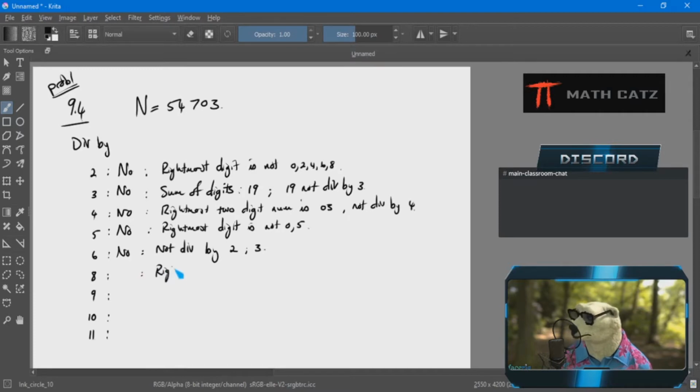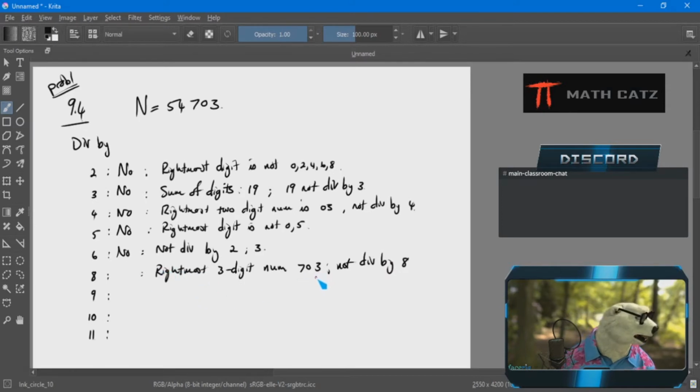The rightmost 3-digit number that I extract is 703, and that is very much not divisible by 8. How do I know? No multiple of 8 ends in a 3, so I don't even have to bother. It's going to have to end in a 6, an 8, a 4, a 2, a 0. Can't be a 3.